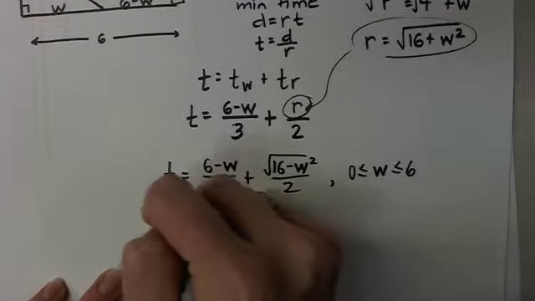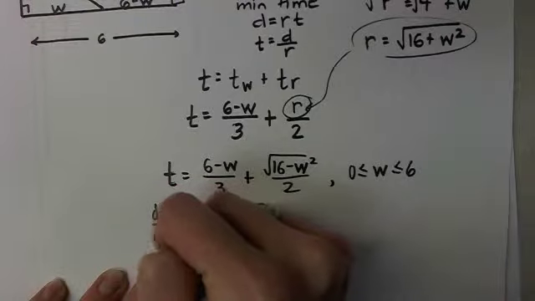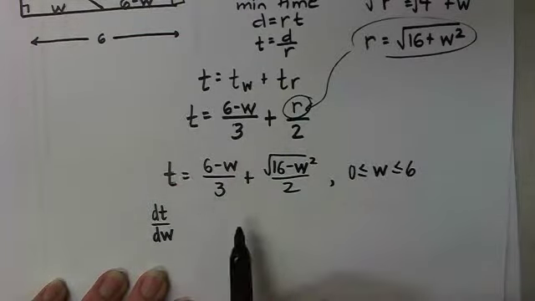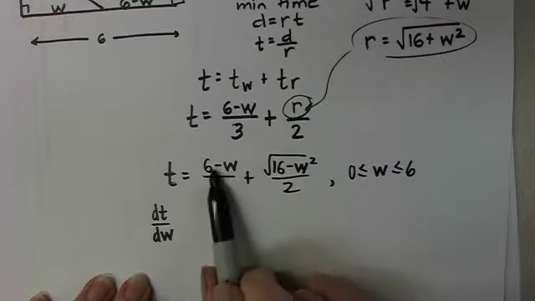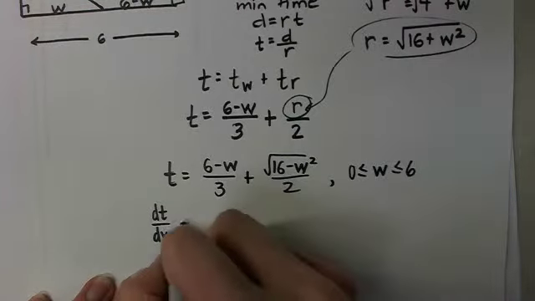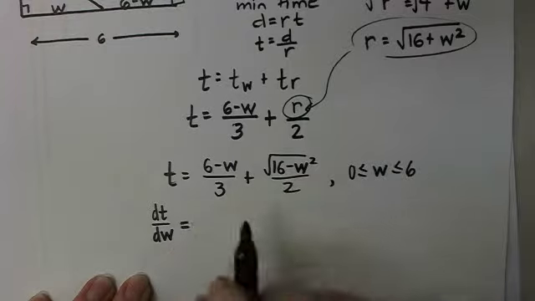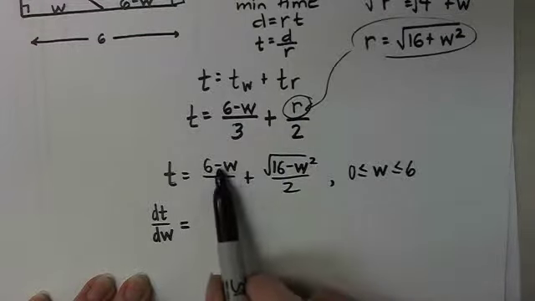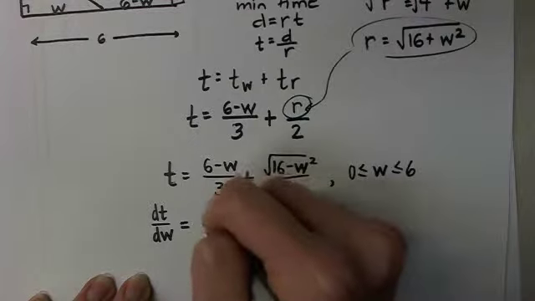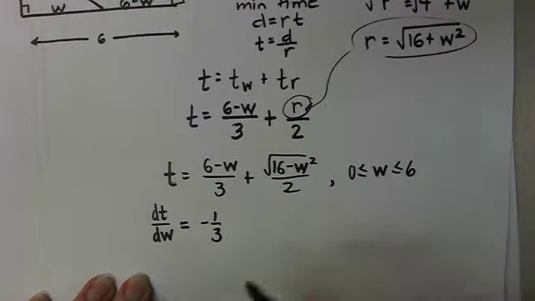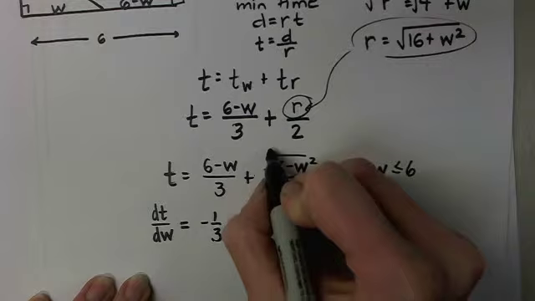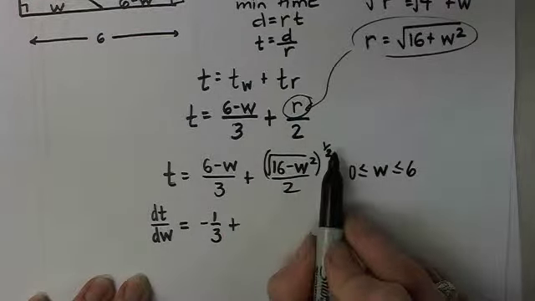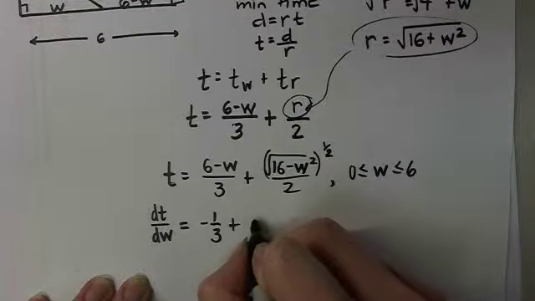All right, so the derivative of time with respect to W, this is a little bit different because normally we're taking derivative with respect to time, but now we have time expressed in terms of distance. Let's see, the derivative of 6 over 3 is 0 because that's a constant, and then the derivative of negative W over 3 is negative 1/3, plus square root is a power of 1/2, so to take the derivative here, the 1/2 pulls down.